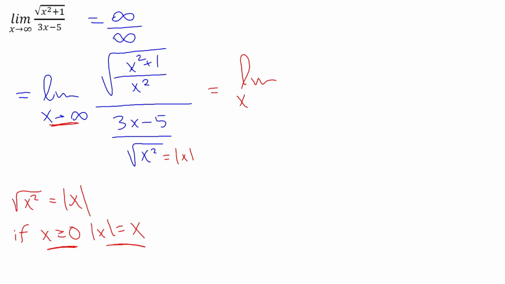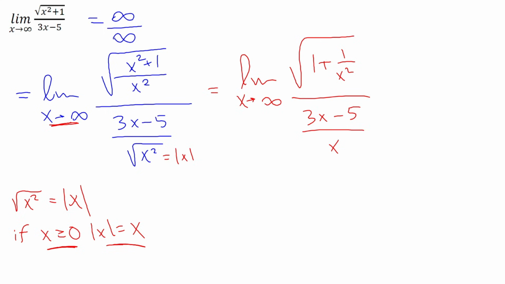So this becomes a limit as x approaches infinity of the square root of, well, I can simplify the numerator there, 1 plus 1 over x squared, over 3x minus 5 over x, which can then be rewritten as a limit as x approaches infinity of square root of 1 plus 1 over x squared over 3 minus 5 over x.